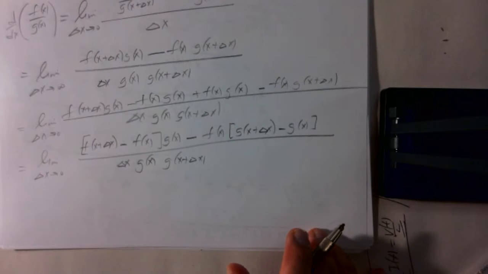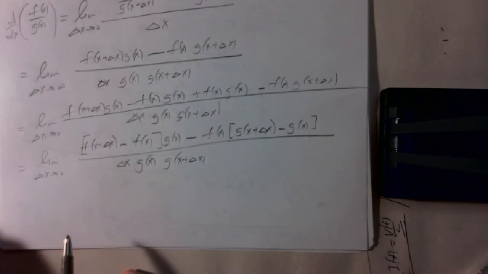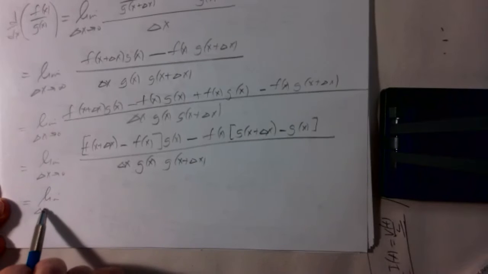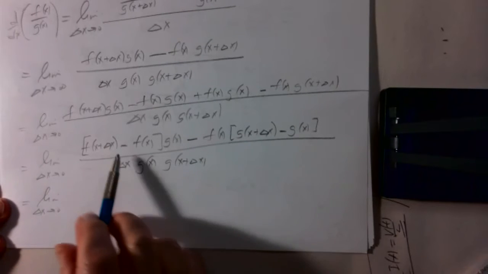Aha. So let's write this as two limits. This is the limit, delta x goes to 0.